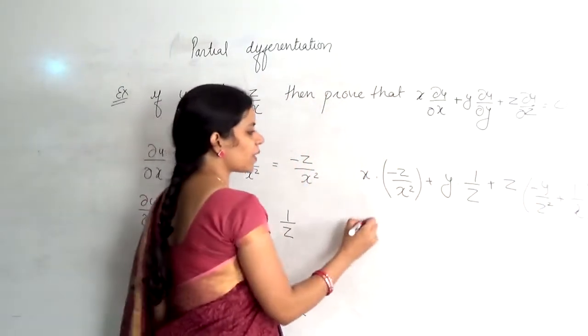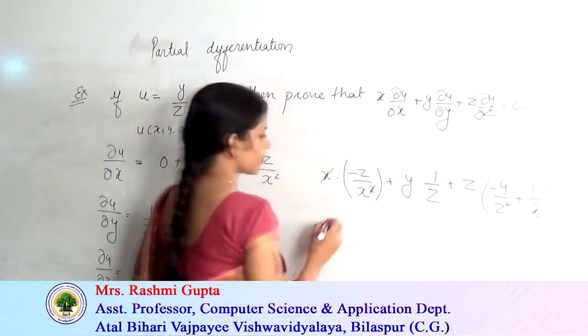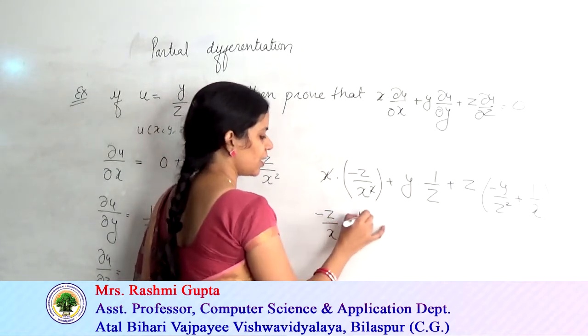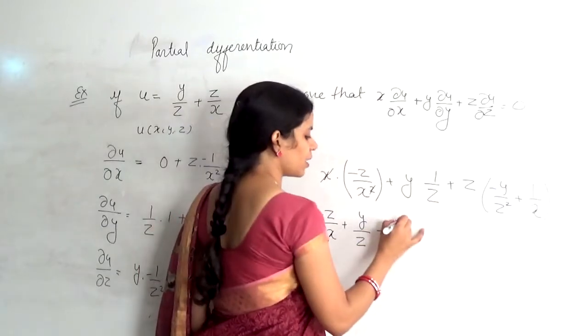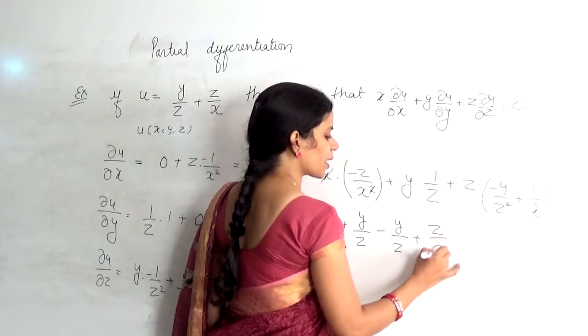Now we will simplify this. Here x will be cancelled from here. Then we will get minus z upon x plus y upon z minus y upon z plus z upon x.